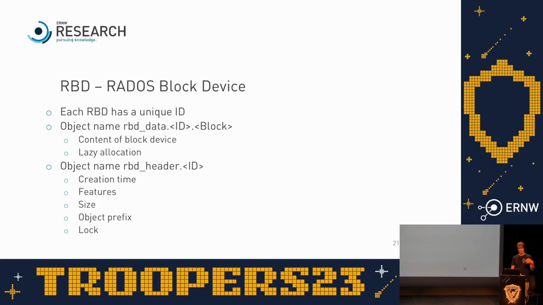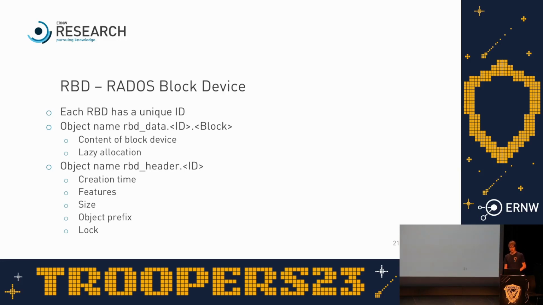And then the object names will be like RBD data followed by the ID. And then you find a block ID in the name. And the block ID is just something like the sector counter. So the first sector of your RBD is stored in the block with the counter 0, the second in the one with the counter 1, and so on.